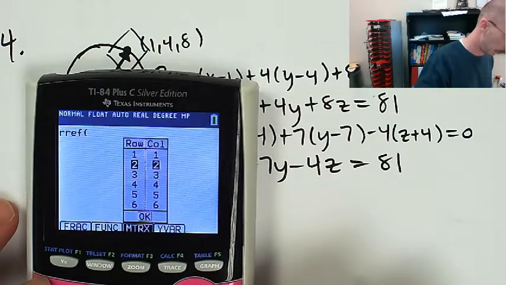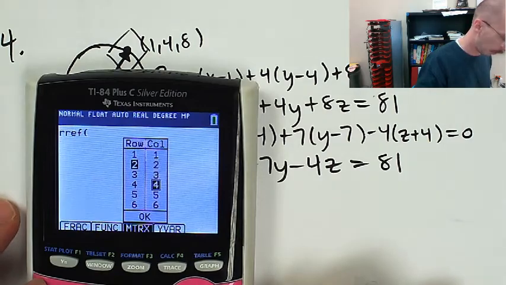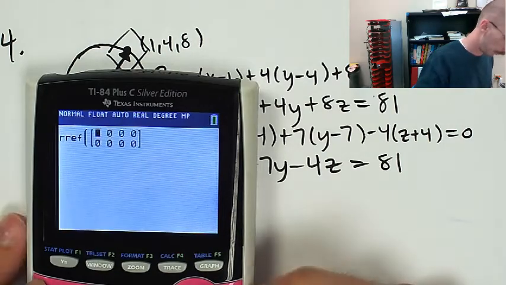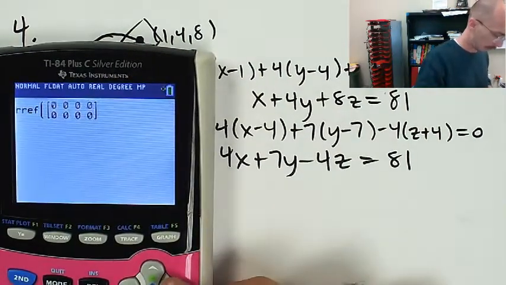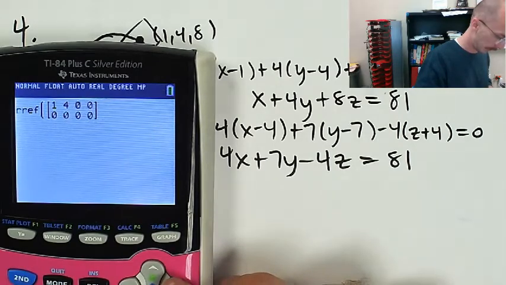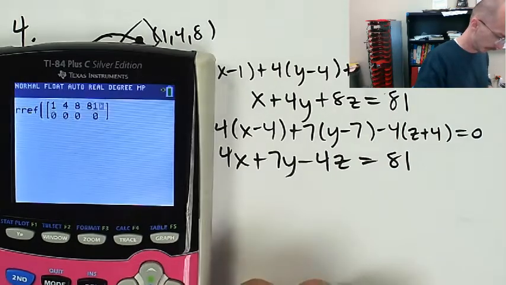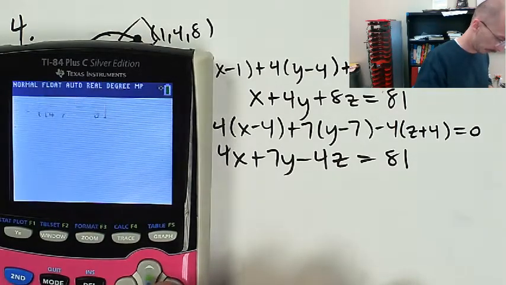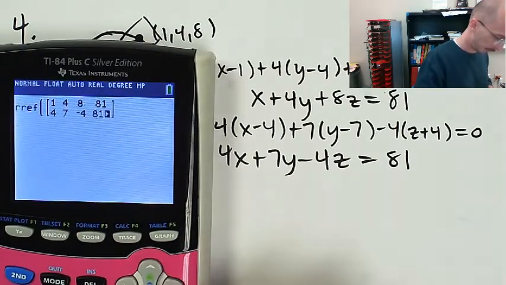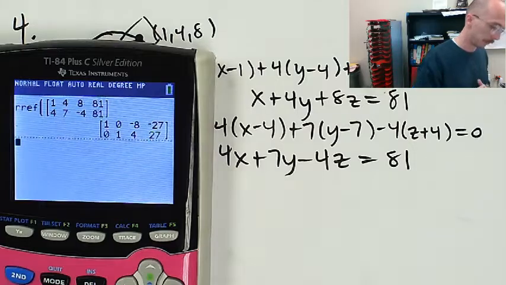So I'm going to put a matrix that is 2 rows by 4 columns. I'm going to type in my coefficients. 1, 4, 8, 81. And then 4, 7, negative 4, and 81. It's going to row reduce it for me.